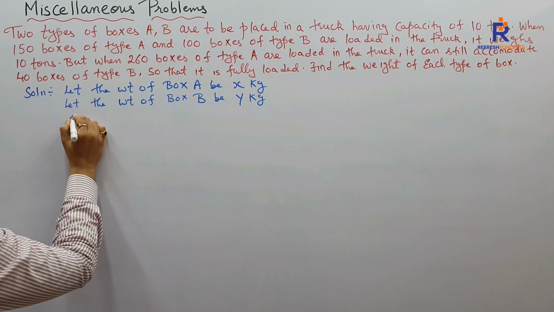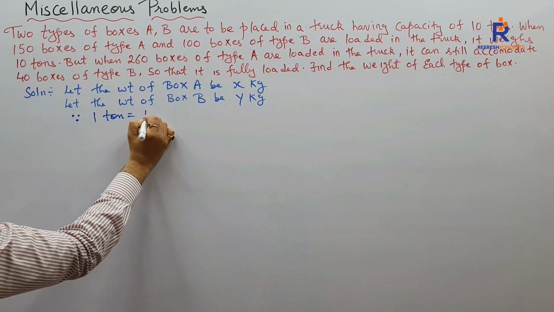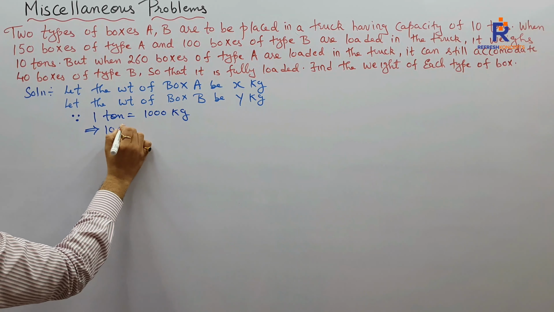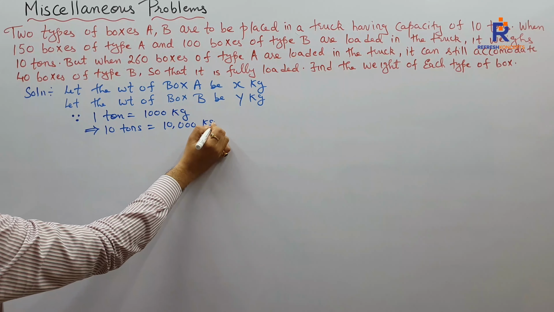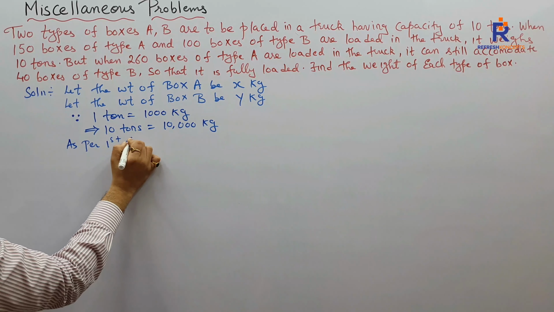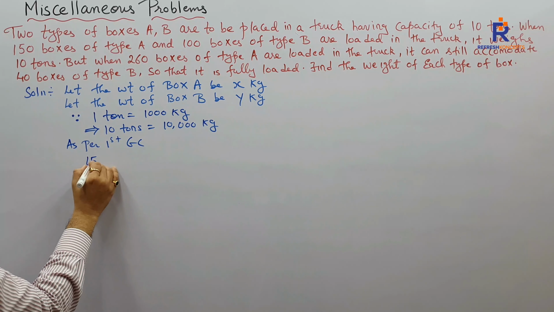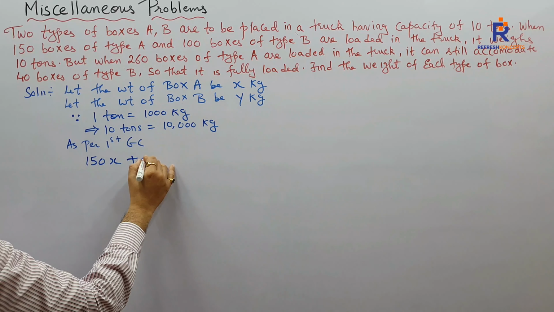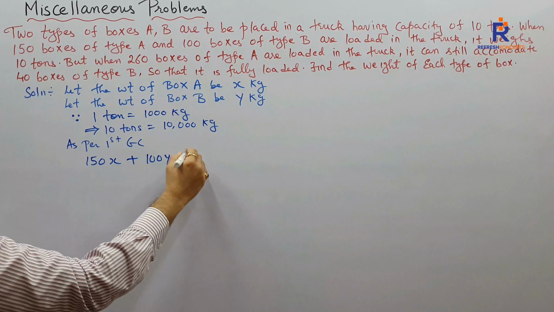Since 1 ton is 1000 kg, 10 tons is 10,000 kg. And now we can say as per first condition: how many boxes of type A? 150 boxes, so 150x. How many boxes of type B, children? 100 boxes, 100y. Will weigh how much? 10 tons, which is 10,000 kg.